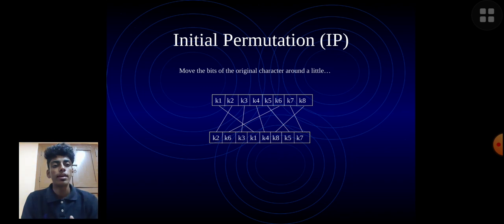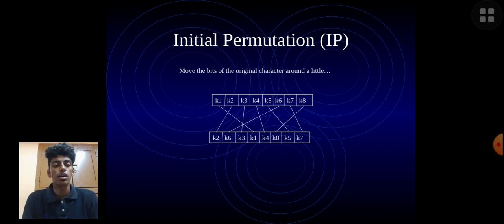To find IP, we have the 8-bit input, and the arrangement is like 2, 3, 4, 1, 5, 6, 7, 8. So for the input we can determine the output. That's the process of IP. Later we can see one example.